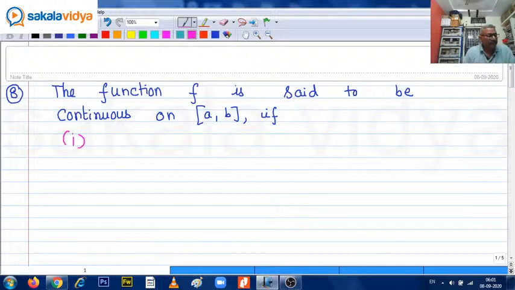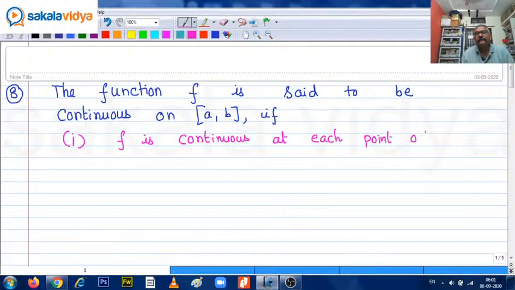So first concept is actually f is continuous at each point of open (a, b).